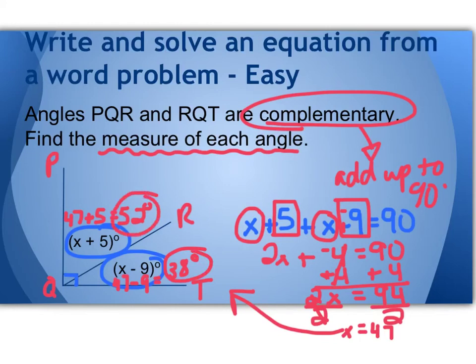And those are my two answers. Angle PQR is 52 degrees, and angle RQT is 38 degrees. An easy way to check is just to add those two together. If they equal 90, you're good to go.